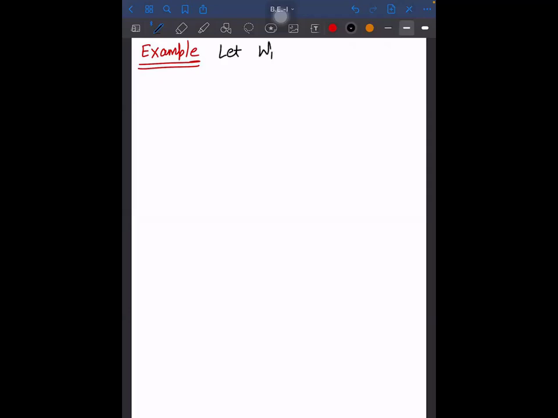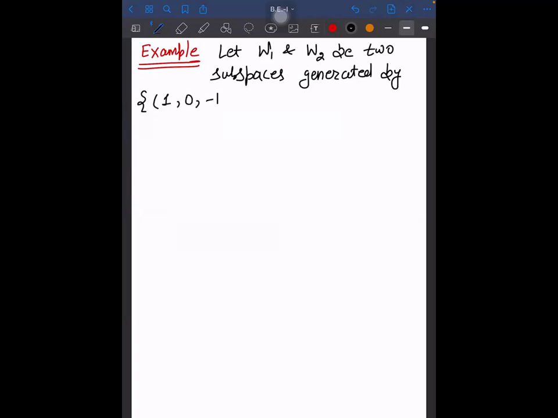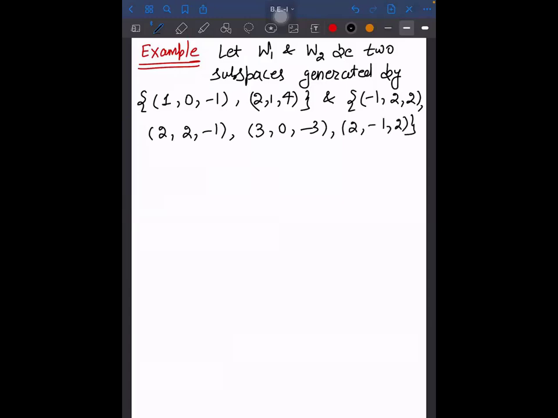Let W1 and W2 be two subspaces generated by these vectors. The first subspace is generated by these two vectors, and the second subspace is generated by these vectors: 2, 2, -1; 3, 0, -3; 2, -1, 2 respectively.